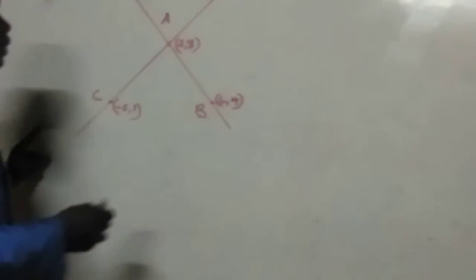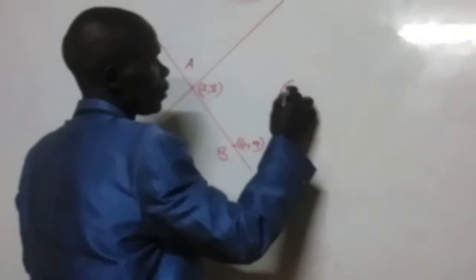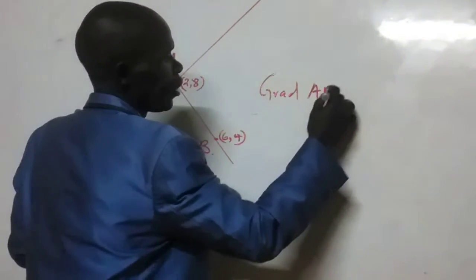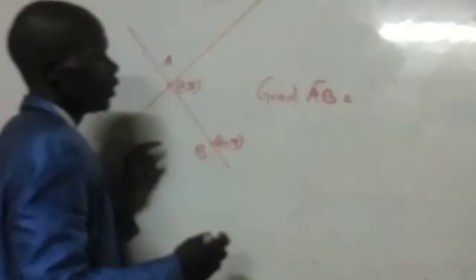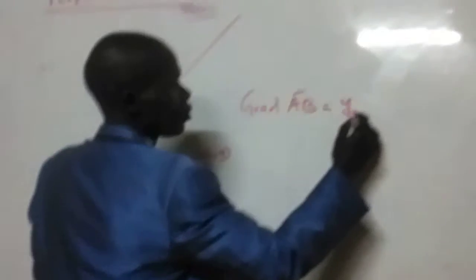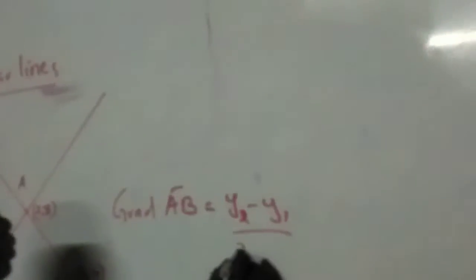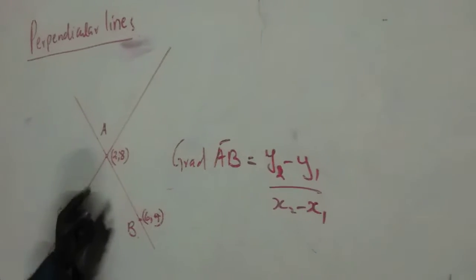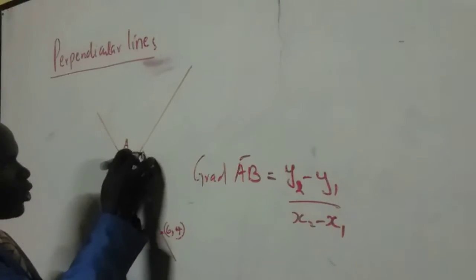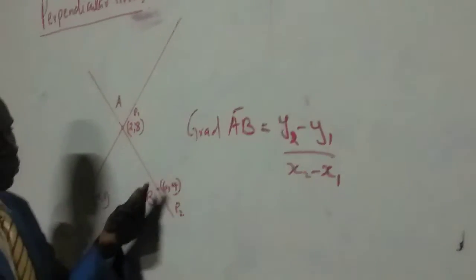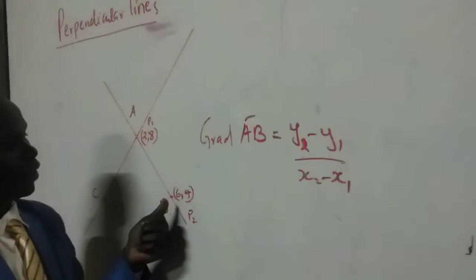So let's get the gradient of line AB. The gradient of line AB will be the change in y, that is y2 minus y1 over x2 minus x1. If we take this point to be our point P1 and this one to be our point P2, then the coordinates for y is now 4.